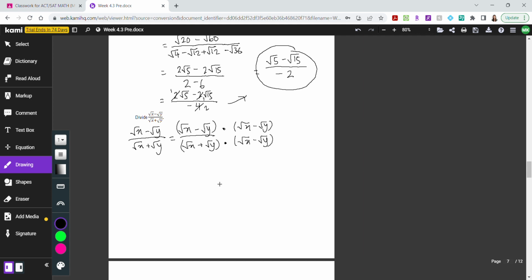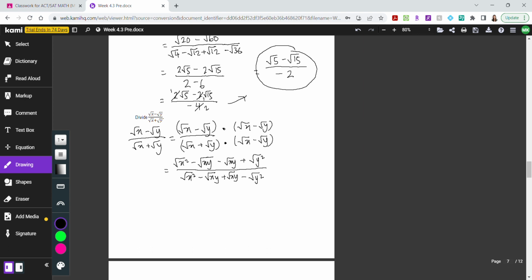Once we multiply and distribute everything, we are going to get square root x squared minus square root xy minus square root xy plus square root y squared divided by square root x squared minus square root xy plus square root xy minus square root y squared.